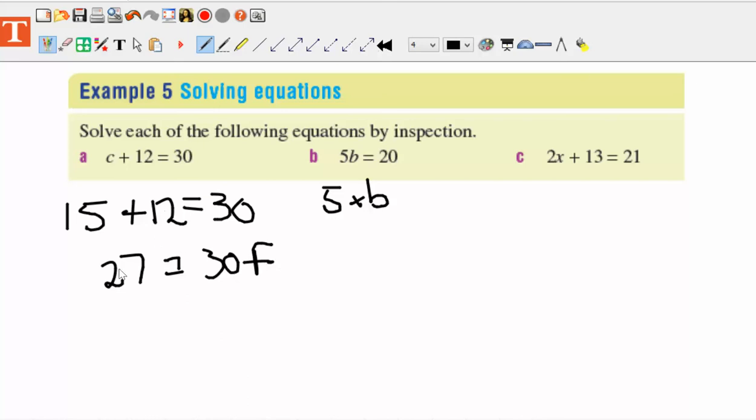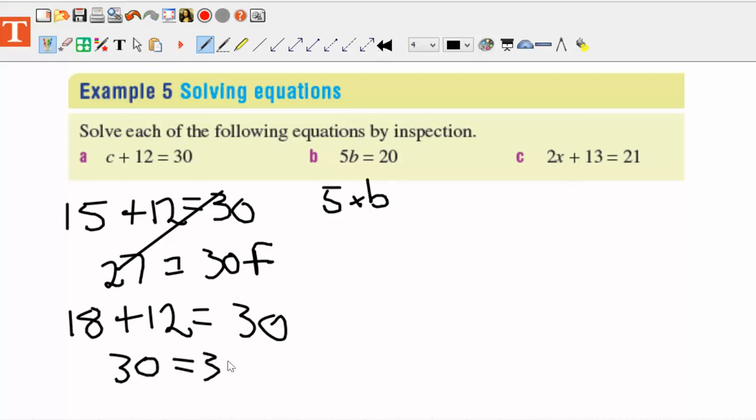But I'm only 3 off, so I'll add 3 more. 18 plus 12 is 30, which equals 30. So I've made that one true. My missing value, C, equals 18.